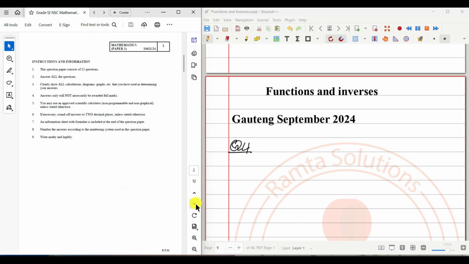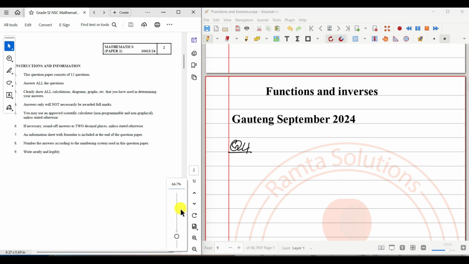Remember, all of them are important, but we're not going to read all of them. We're going to read a few. Instruction number 3 says, clearly show all calculations, diagrams, graphs, and so on that you have used in determining your answers.